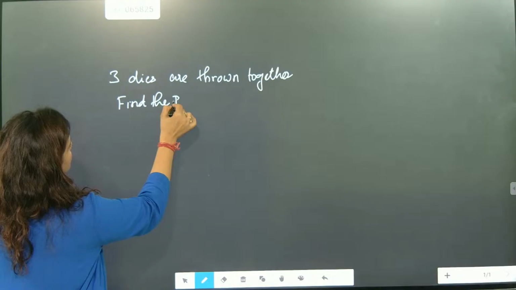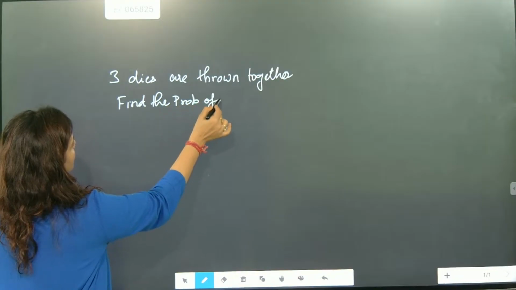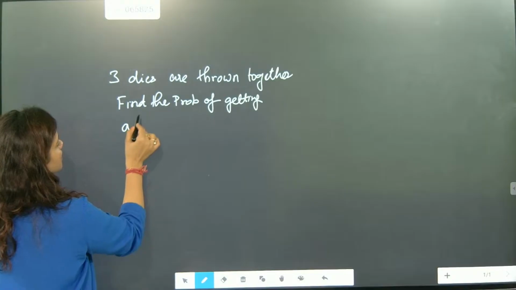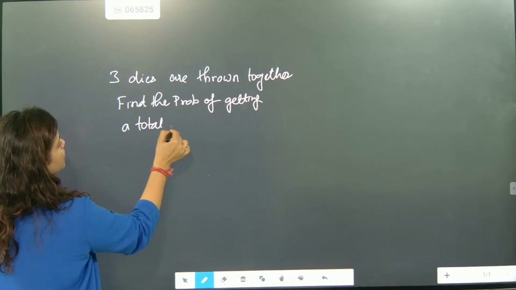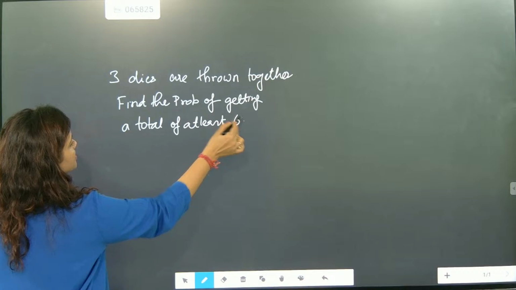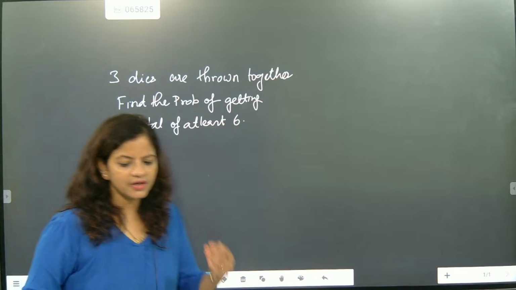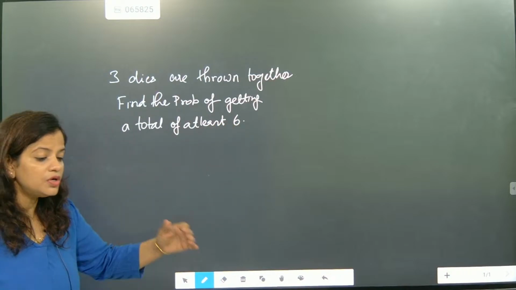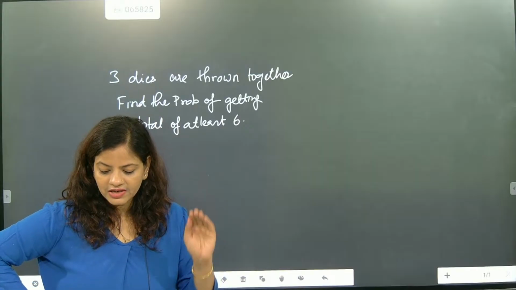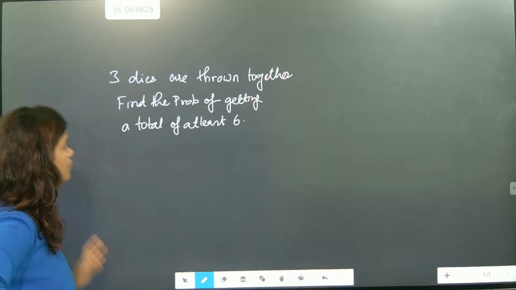Find the probability of getting a total of at least six. How can we attempt these questions, beta? A total of at least six, they are telling. Is it going to be possible?